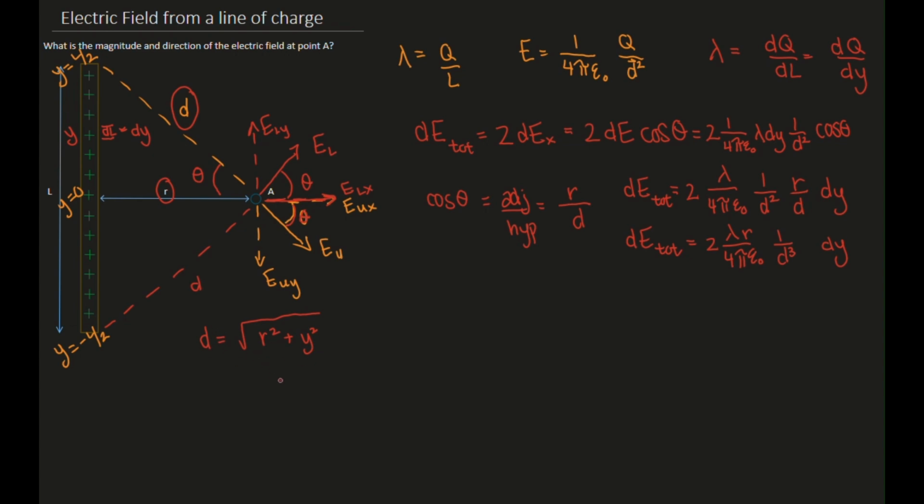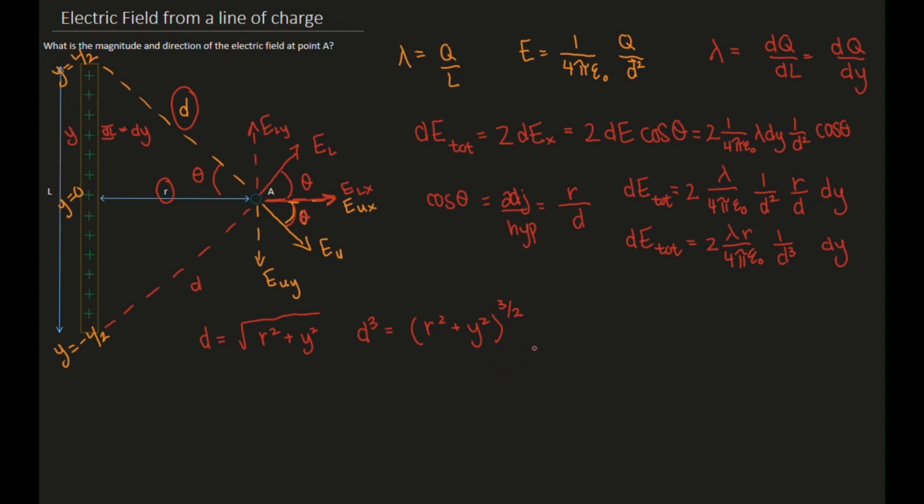And if we do d cubed, so d cubed is the same as saying r squared plus y squared to the 3 over 2, because we're cubing that, basically taking a square root times a square root times a square root.